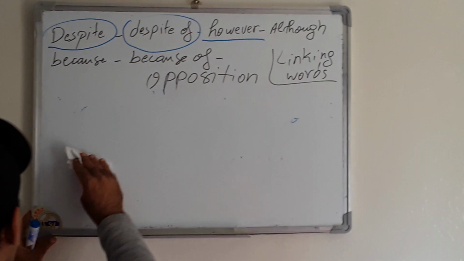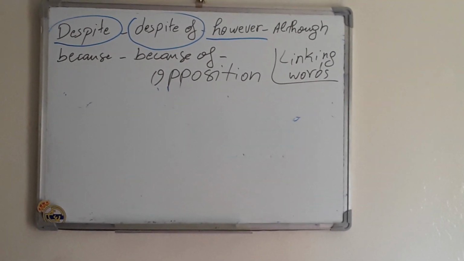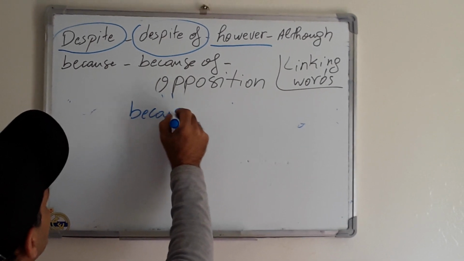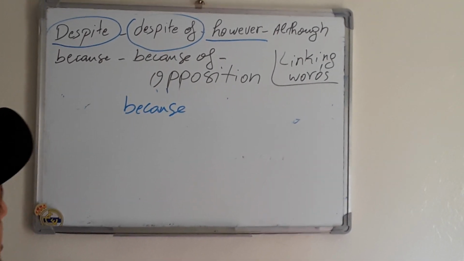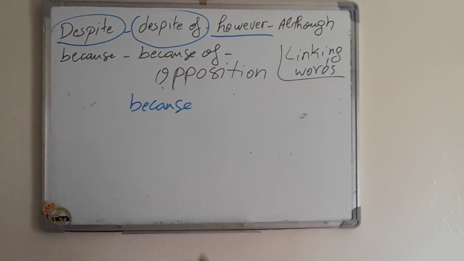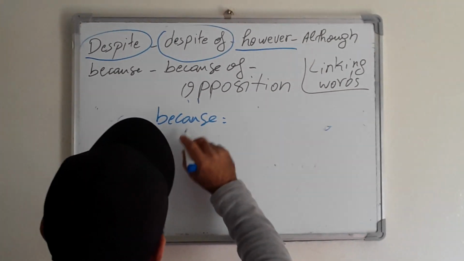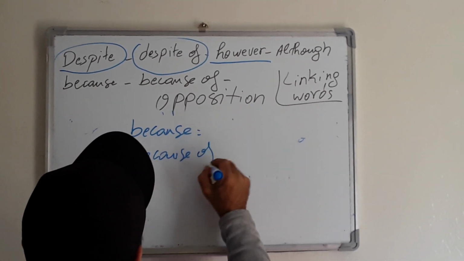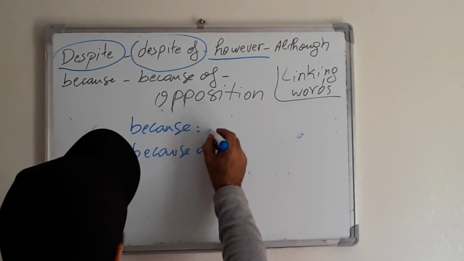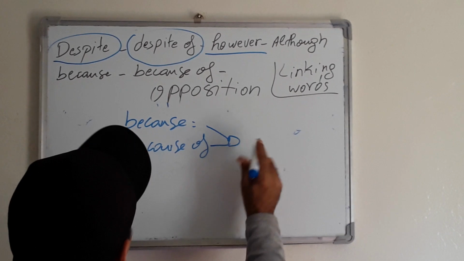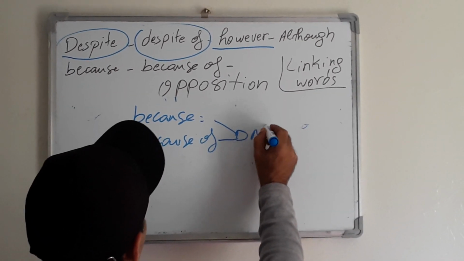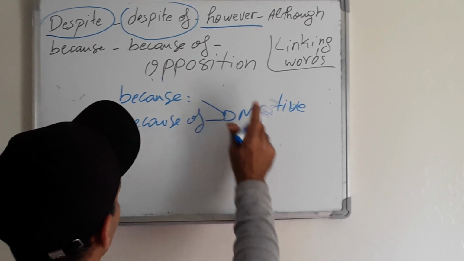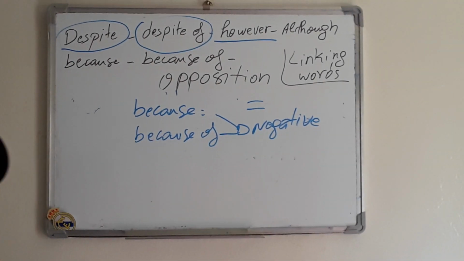Because is normally used for a reason as a linking word, but I want to emphasize that because or because of go for the opposite, because they both talk about negative. Negative and opposition are basically the same.